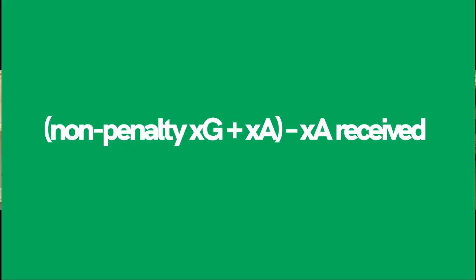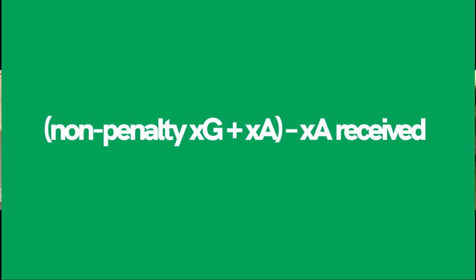So there's a formula that I'll put on screen now. It's the non-penalty XG of this player, plus their expected assists, so plus XA, but then minus XA received. So you do the non-penalty XG plus XA in brackets, like you learned in school.